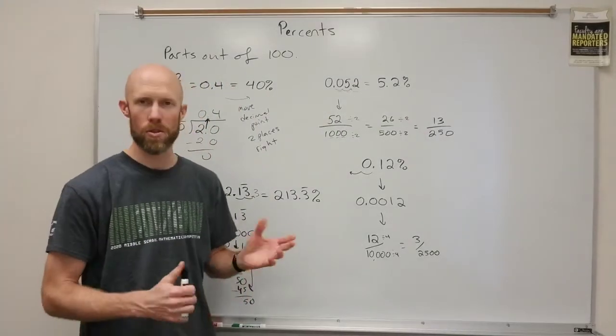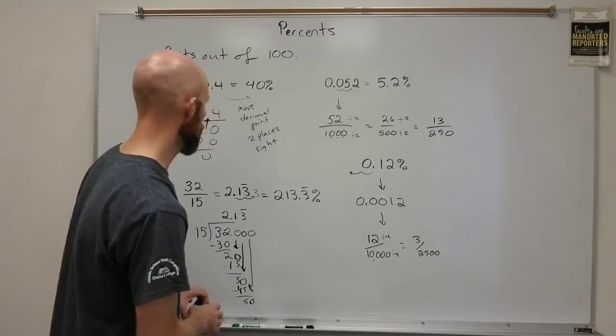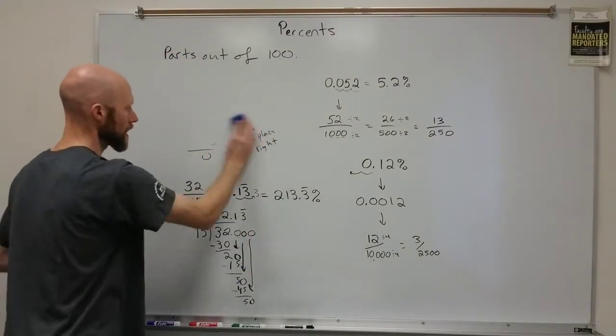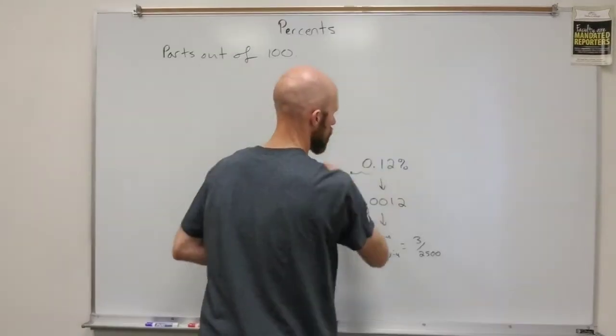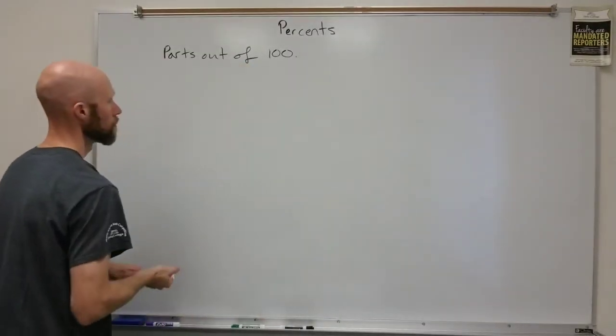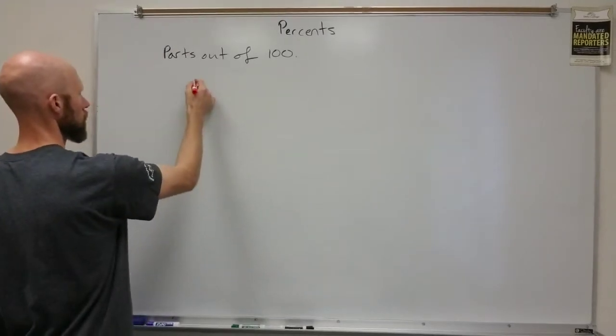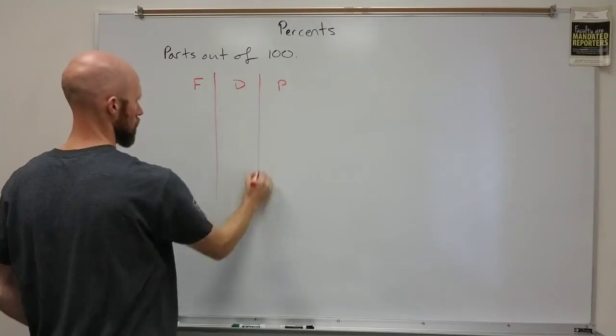So anyway, these conversions are interesting. Now, what you may also see is you can combine these into a table, so it's not just all scattered all over the place. But if I wanted a fraction, decimal, percent table, we could do that.